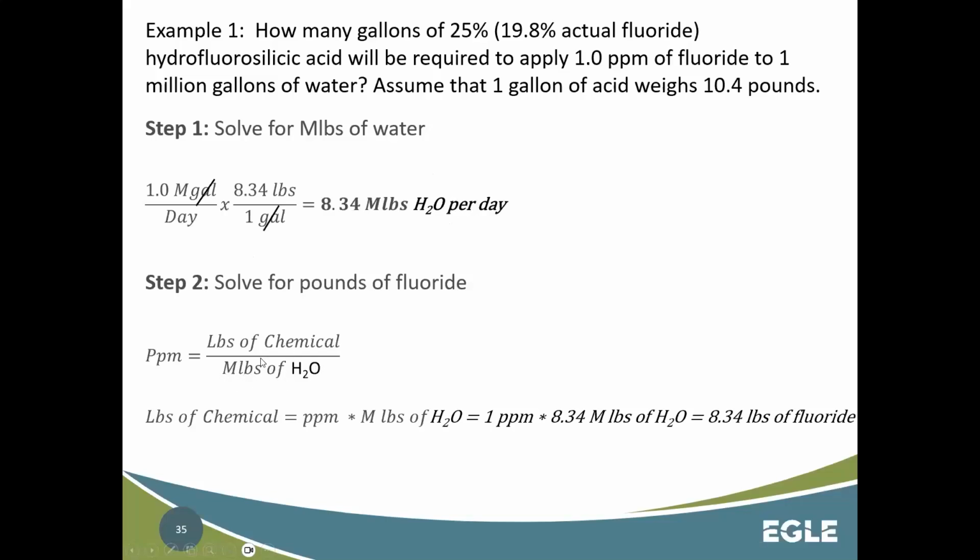So we need million pounds of H2O. So that gives us 8.34 million pounds of H2O.